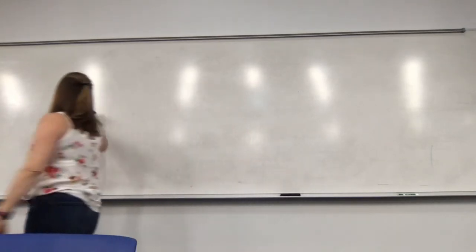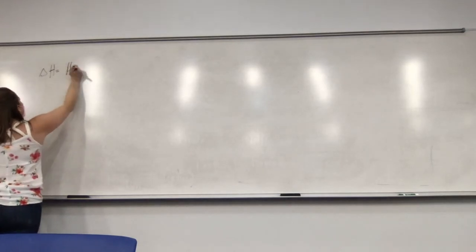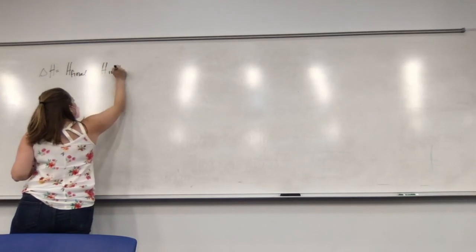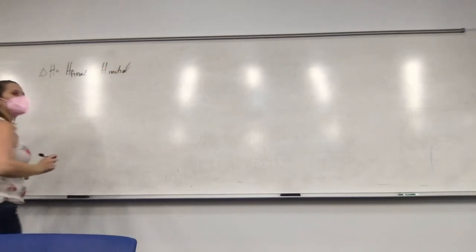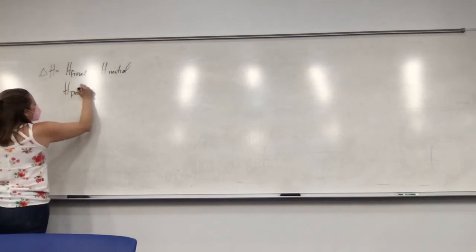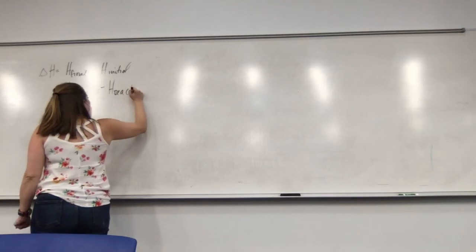So we know that delta H can be thought about as H final minus H initial. In terms of a reaction, that is H products minus H reactants.